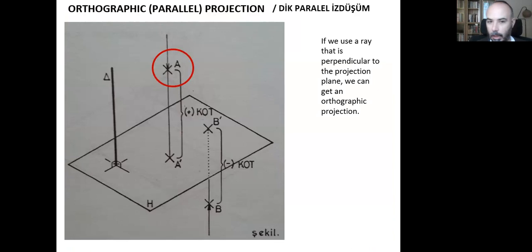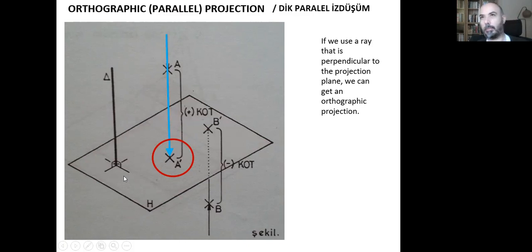Here we have the actual object. Let's say that that's point A, and when we cast a ray that is perpendicular to this surface, which we call projection plane, we can get an image, a mark, or we can say a projection of this actual point A on this surface.